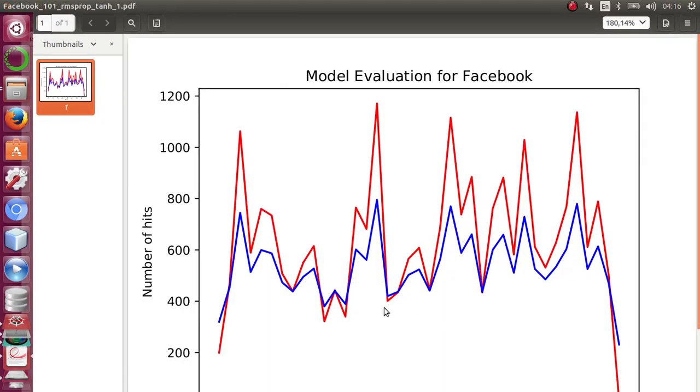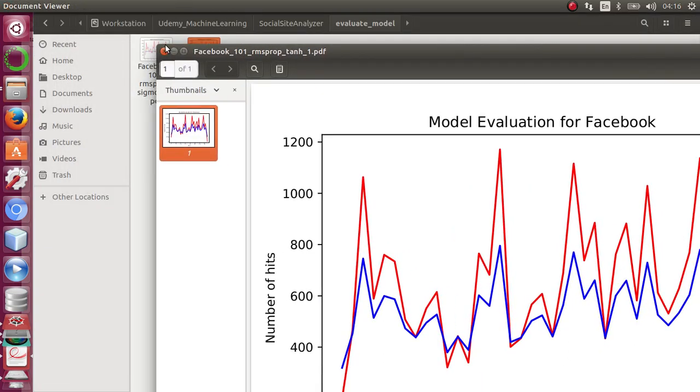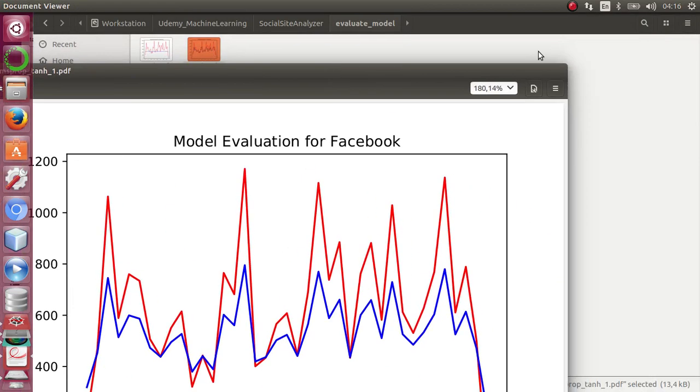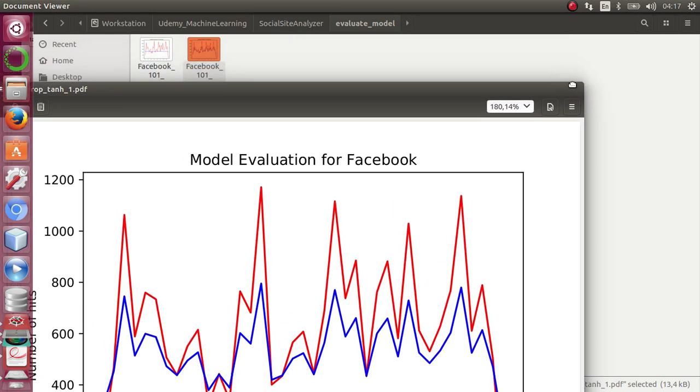See, I'm going to make some comparison between these two figures.